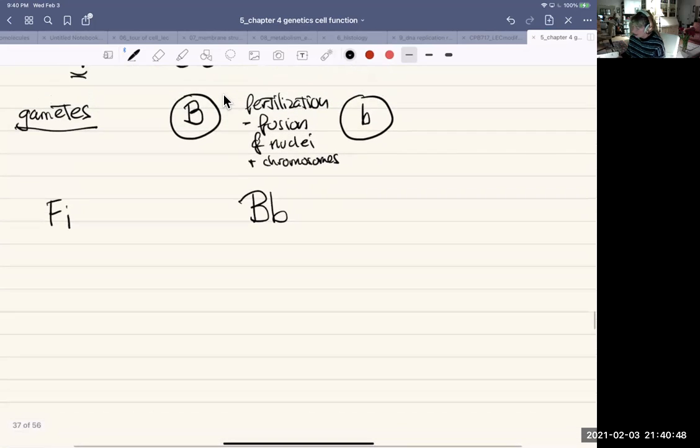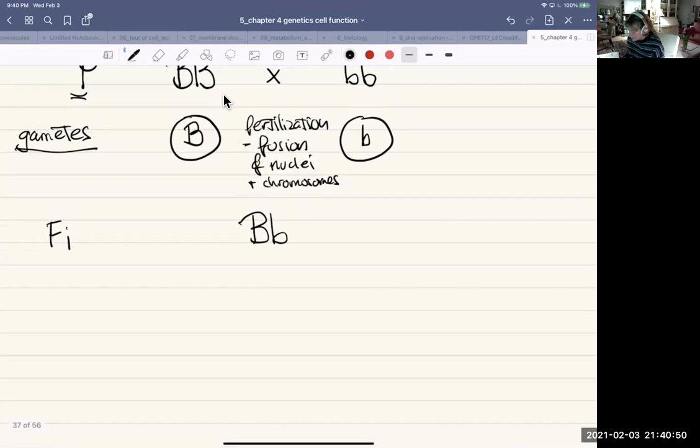But now we want to know, well, what will happen in an F2 population, crossing one individual that's heterozygous and another individual that's heterozygous? What probability is there of alleles in different gametes?